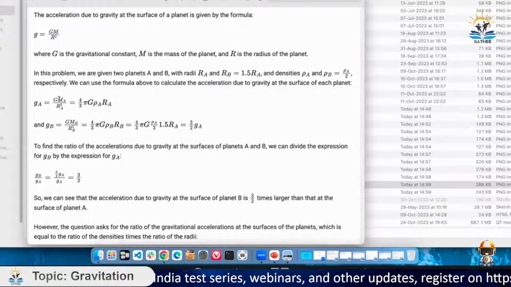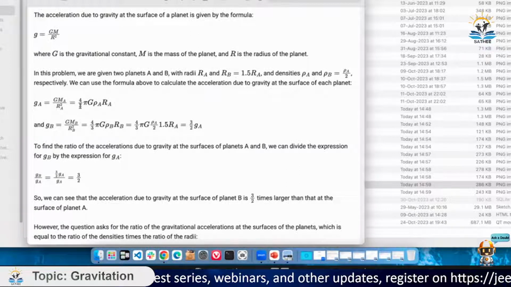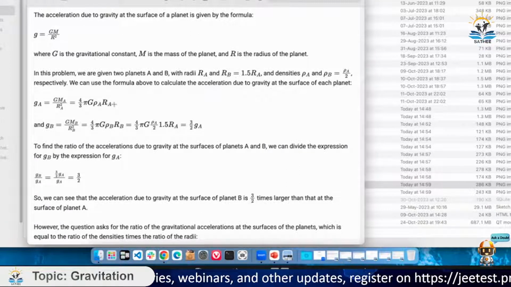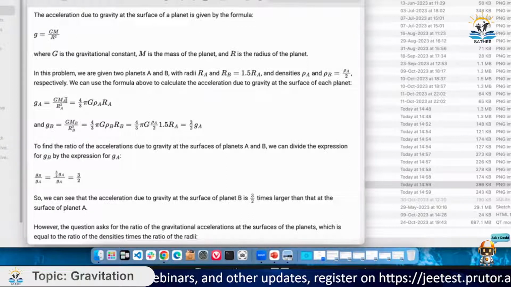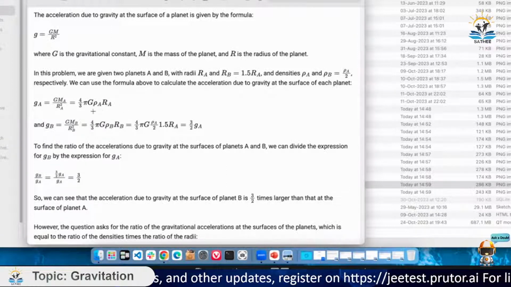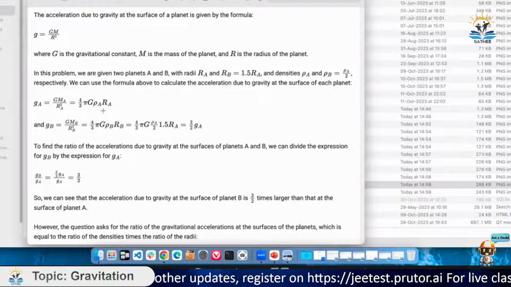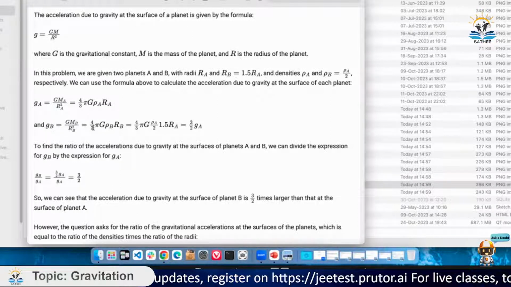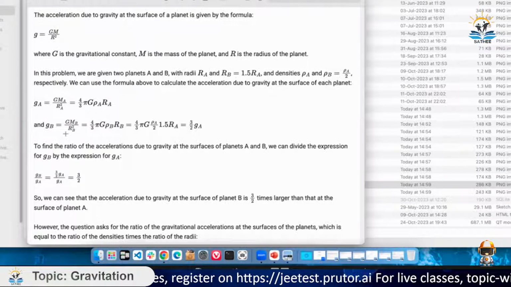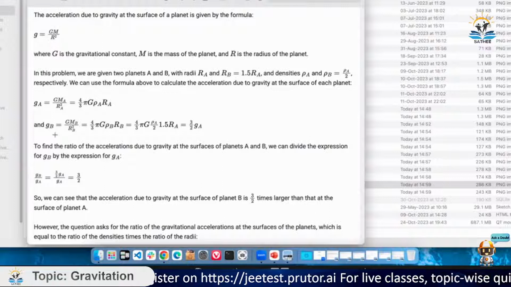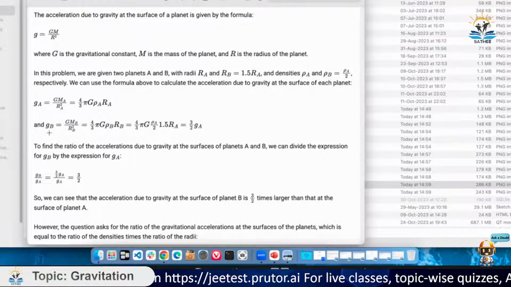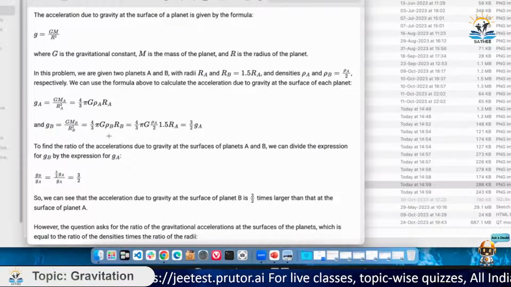Replacing the mass of the body A by 4 by 3 pi R A cube into density of A, we get this. Similarly, we write the same equation for gravity of body B. So acceleration due to gravity would be this.